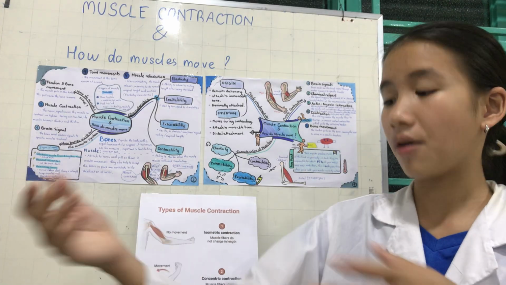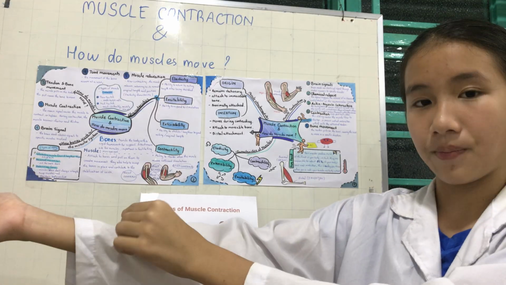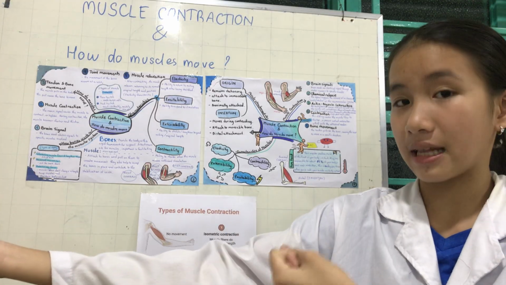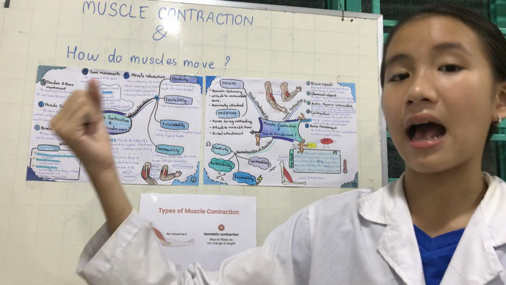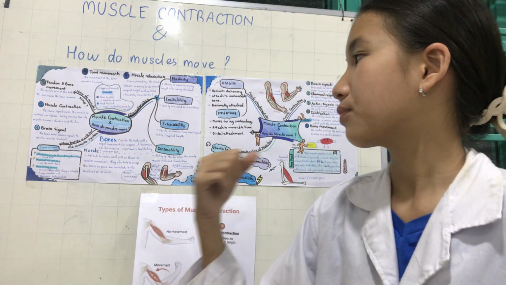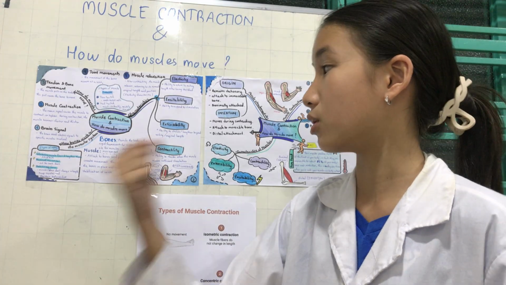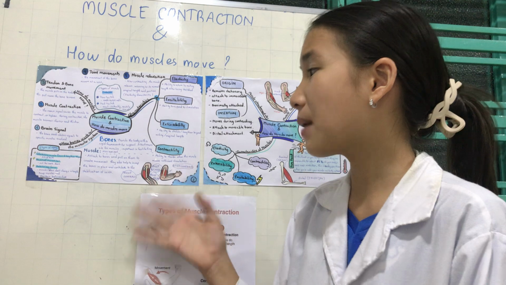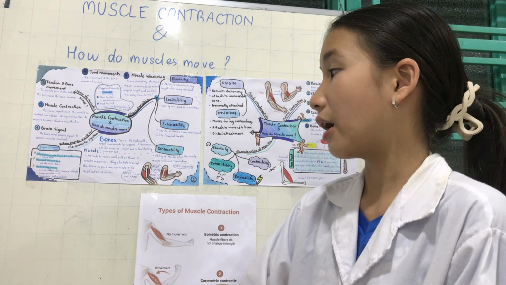If you recall, there's the muscle here, there's the tendon there, and then there's the bone. When the muscle pulls on the tendon, the tendon will pull on the bone, and that is when you have that movement there. Extension and flexion, that movement that I'm doing there. The muscles attach to bones and pull on the bone to create movement.